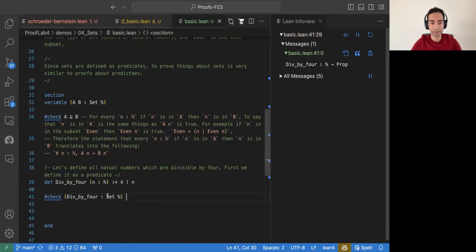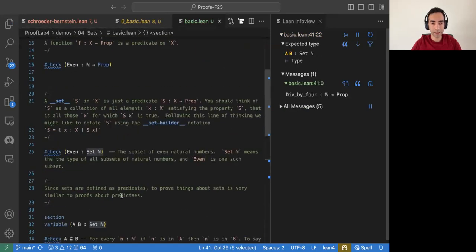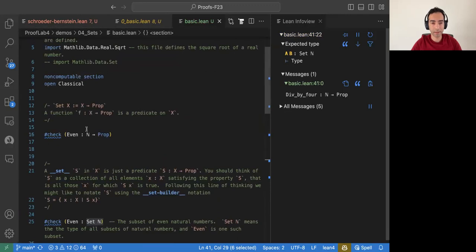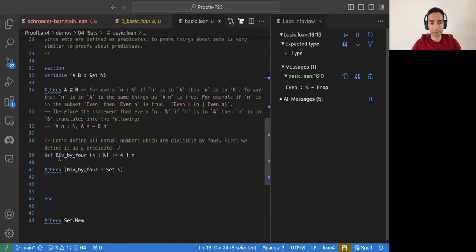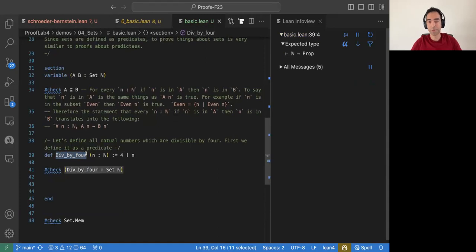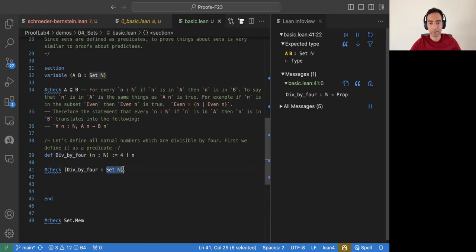Simply because set n is exactly defined as n to prop. And because this is a function from n to prop, it's also going to be a subset of natural numbers.